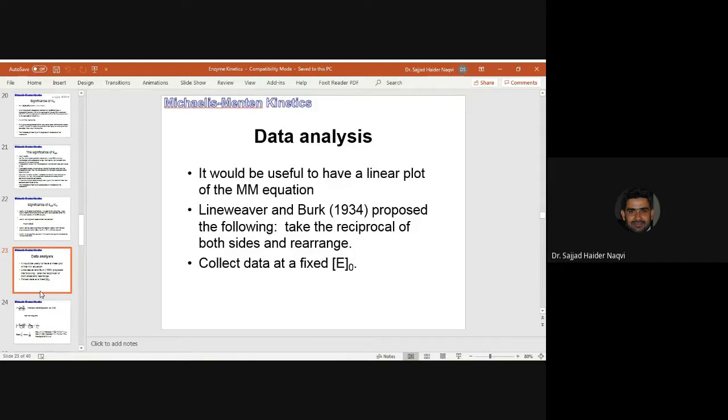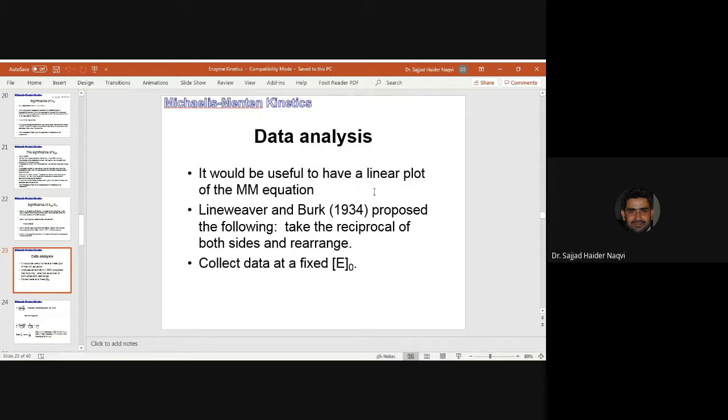Now, in order to resolve this issue, a couple of other mathematical models were deduced. And one of the models that we're going to discuss here is called the Lineweaver-Burk plot. These are again two scientists who proposed this model, and they rearranged the Michaelis-Menten graph in a different way to make it a linear plot.